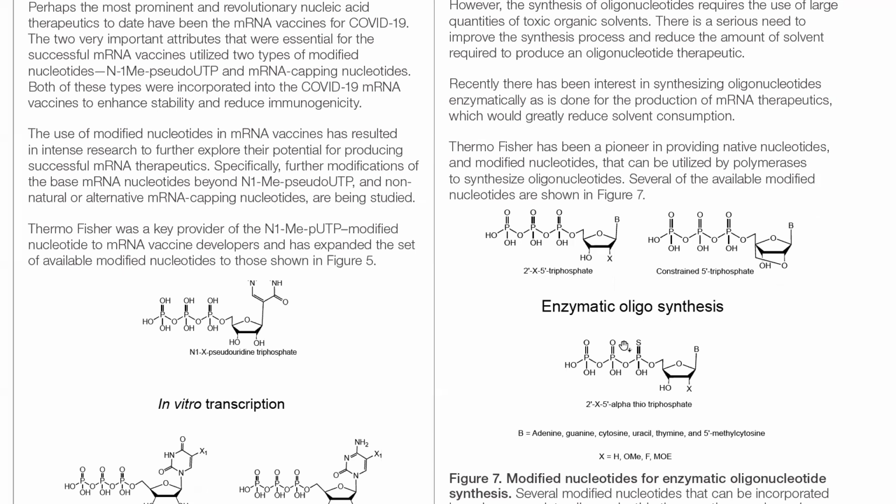Enzymatic oligonucleotide synthesis can reduce toxic chemical burden for oligonucleotide production, and Thermo Fisher has developed modified nucleotides for these polymerases like 2'-X-5'-triphosphate, or 2'-X-5'-alpha-thio-triphosphate, with X in that name being a hydrogen group, an O-methyl group, fluoro group, or an MOE group. These enzymatic oligonucleotide synthesis nucleotides are shown here in Figure 7.